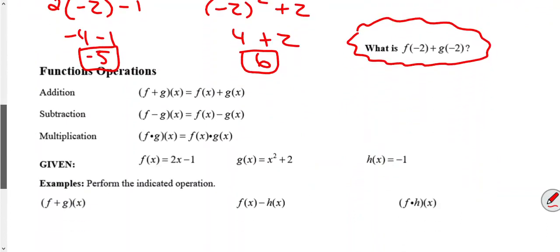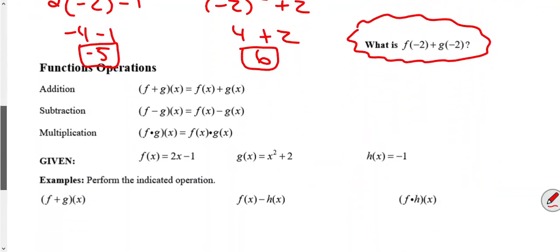With that in mind, let's look at something called function operations. What's this mean? Okay, so all we're doing is we're combining two functions together. We use addition, we use subtraction, or multiplication. There is division, but we'll do that more with your rational functions. There's also something called composition.